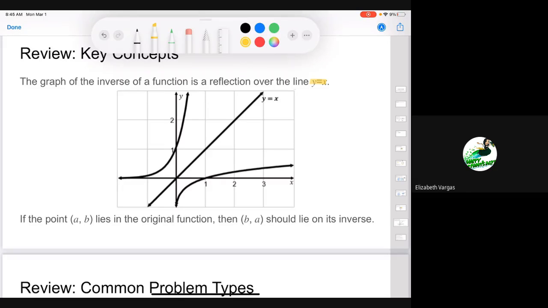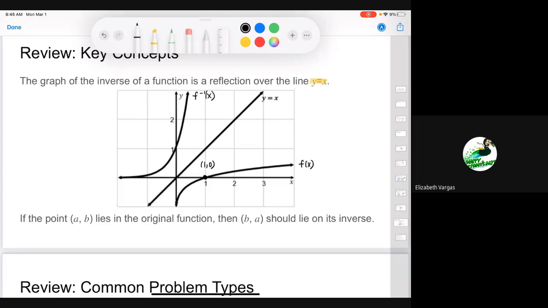So for example, let's do this one. This one is 1 and 0. So this will be our original function. And we will see that when it maps to its inverse, those will be switched. And so it'll become 0 and 1.